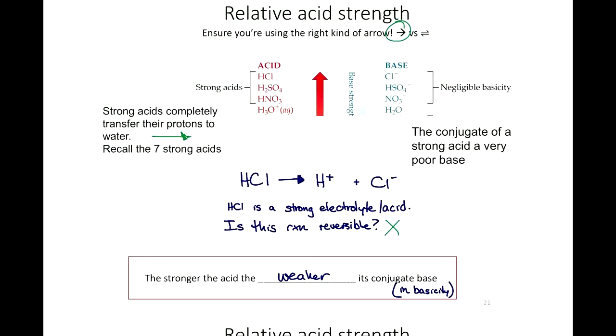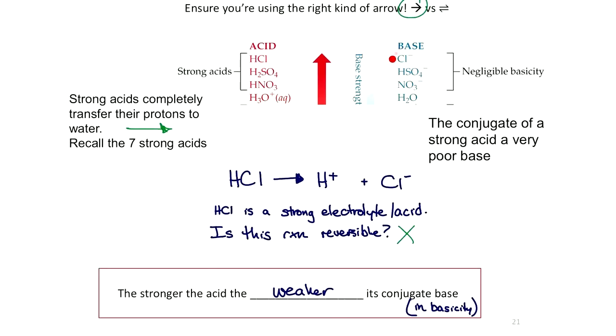So when you put HCl in water, you create all of this chloride conjugate. But the idea here is this reaction fully goes forward, and this reaction does not go in the reverse. So HCl is a very, very strong acid, and its conjugate base, Cl minus, is not a base at all. Yes, we call it its conjugate base, but Cl minus does not behave as a base at all.